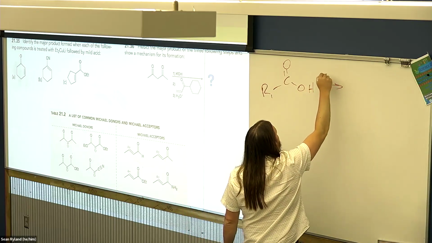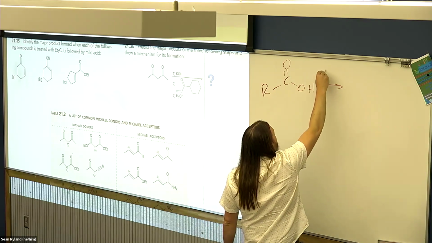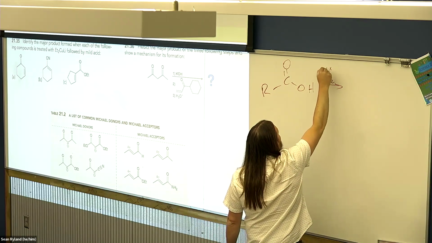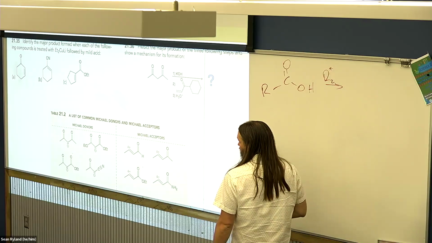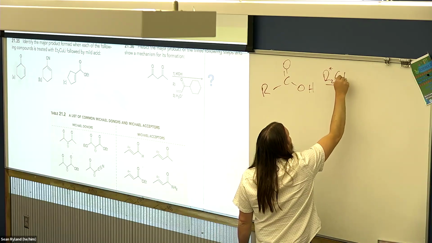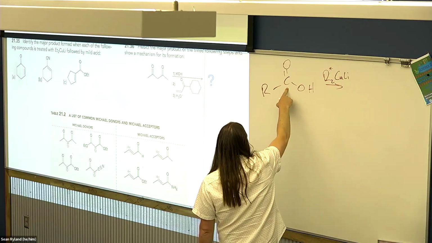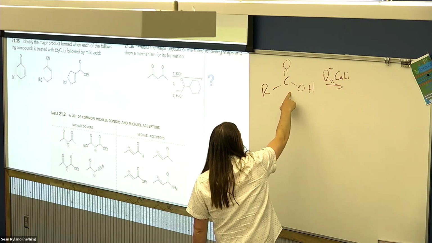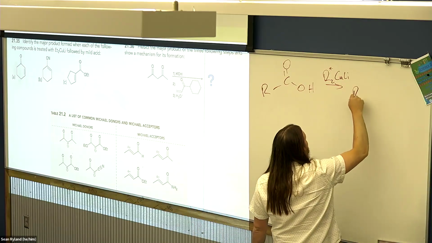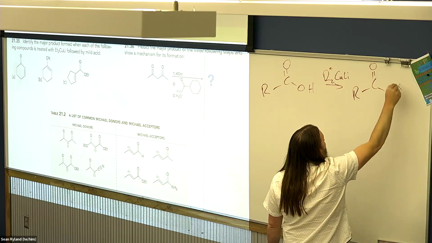So if we had R carboxylic acid plus, I shouldn't do it like that. R2, we'll call it R prime, just to indicate that's a different R group. CuLi will reduce it to a carbonyl, not take it all the way to a tertiary alcohol. So that would give us R, R prime.